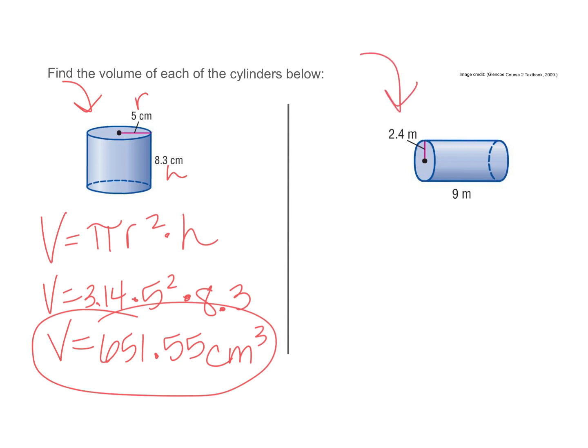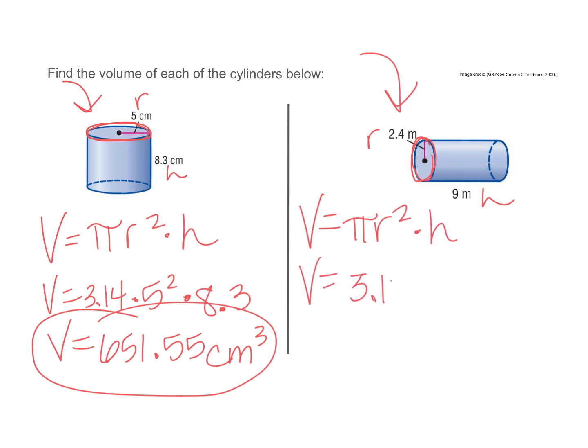And then this one, we have 2.4. Here's our base. By the way, this was our base that we were talking about on that first one. The radius is 2.4 and the height of the cylinder is 9. So the volume is pi r squared times the height.